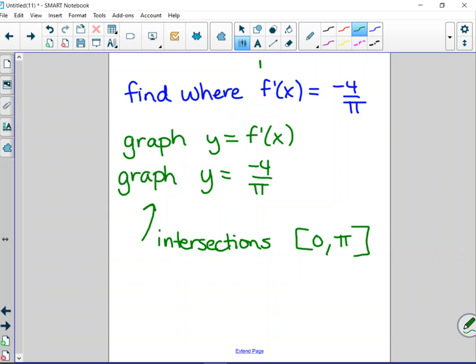I want the instantaneous rate of change equaling the average rate of change. I want to know where that happens. And just to be fun, I got to add them together. So there must be more than one time.